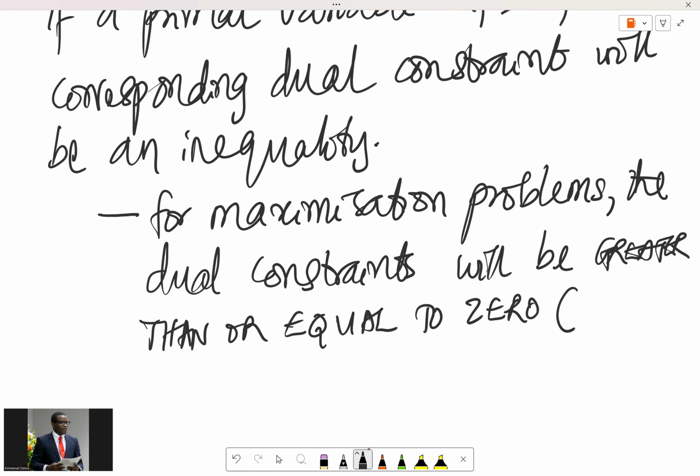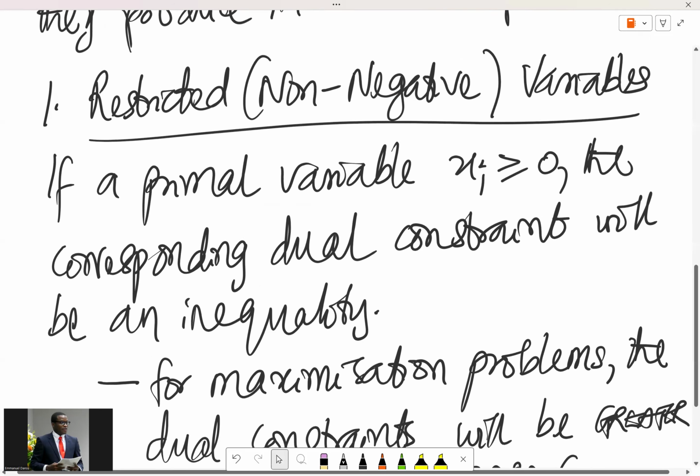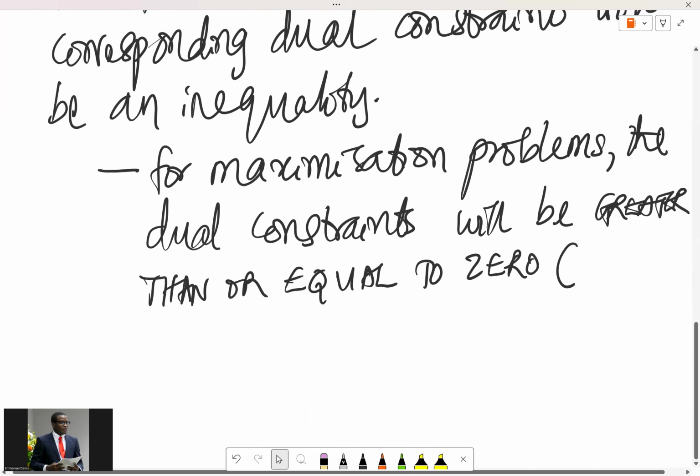So if your primal is a maximization problem and the variable is positive, the dual constraint will be greater than or equal to.